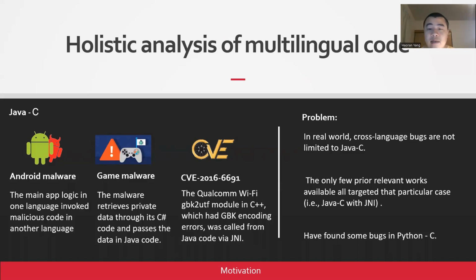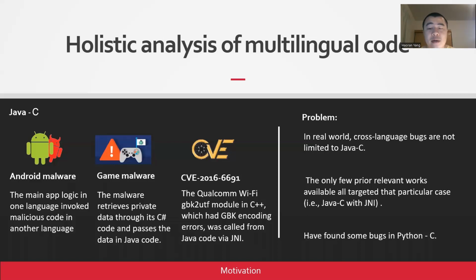On the slide, we can see three examples showing multilingual bugs in Java and C language combination. However, cross-language bugs are not only limited to Java and C in the real world.